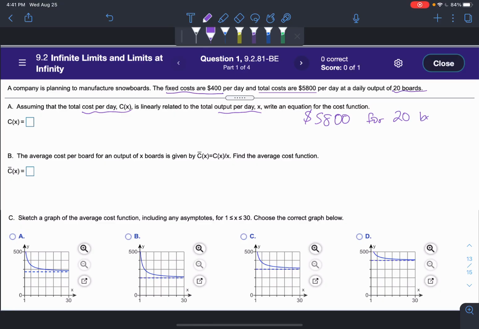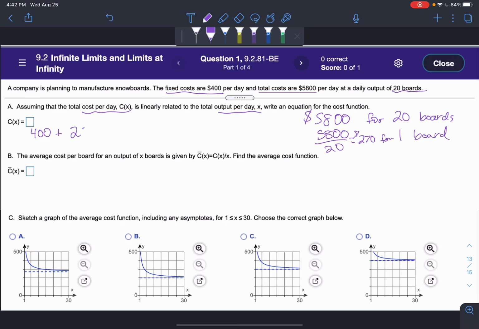So all I'm going to do is divide 5,400 by 20, and I'm going to get 270 for 1 board. And so my function, my c of x, will be 400. So that's my base price. That does not change regardless of how many boards I sell. And then now I want to add in my price for 1 board. So that's 270x, where x is the number of boards I sell.